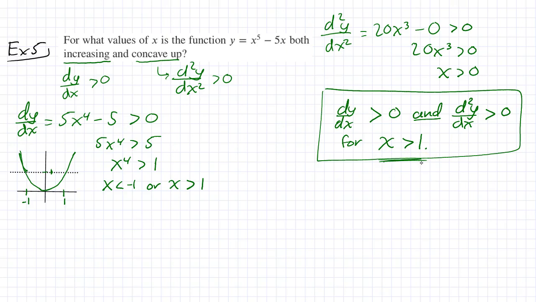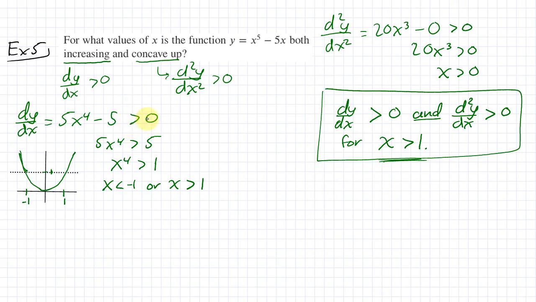So first, you have to actually find the first derivative, and I did that using the power rule here. The derivative of x to the 5th is 5 times x to the power 5 minus 1. The derivative of -5x is just -5, and you can do those separately because they're just separated by minus.